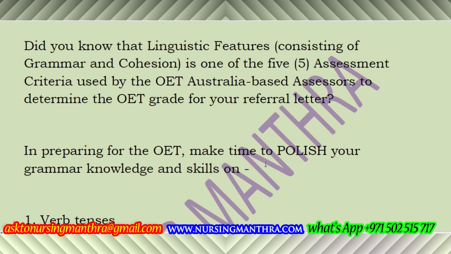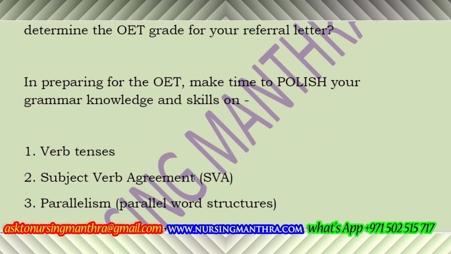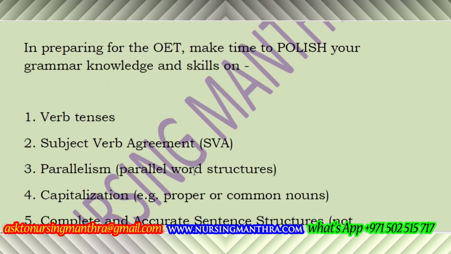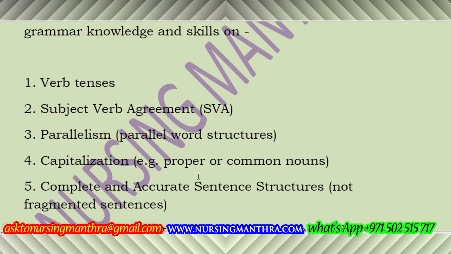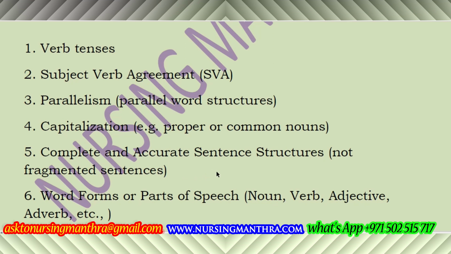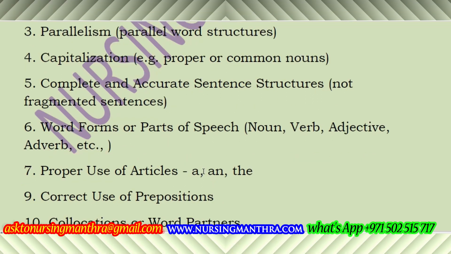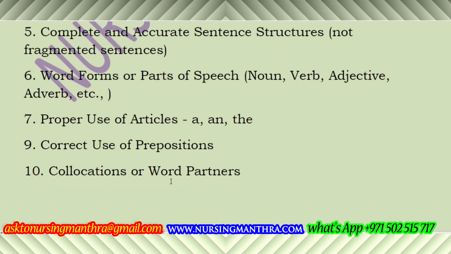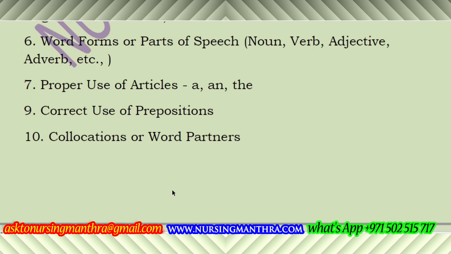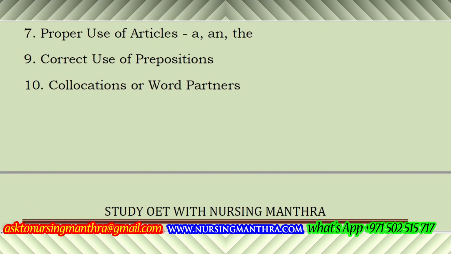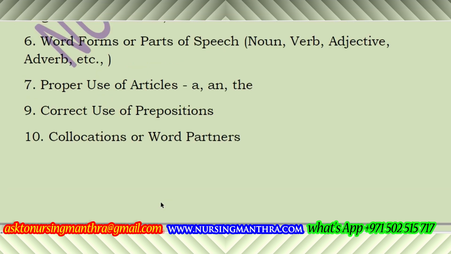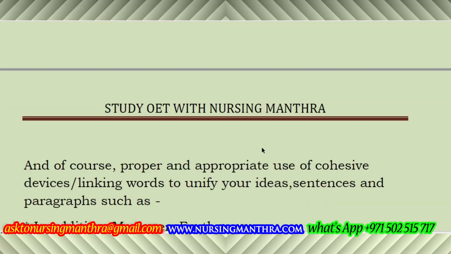In preparing for the OET, make time to polish your grammar knowledge and skills on verb tenses, subject-verb agreement, parallelism or parallel word structures, capitalization, how to use proper or common nouns, complete and accurate sentence structures, and word forms or parts of speech like noun, verb, adjective, adverb, etc. Also the proper use of articles, a and the, correct use of prepositions, and collocation or word partners. All these things we will go through in the next classes. We will be seeing what all these things related to grammar are.